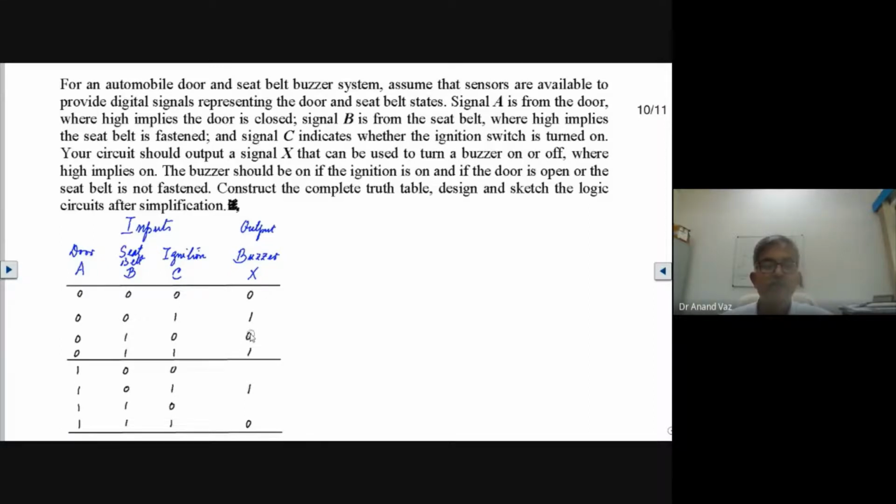The buzzer will be turned off. So this is the truth table for this problem. So this is how you can formulate a truth table. This is the first step when you try to solve a problem like this.